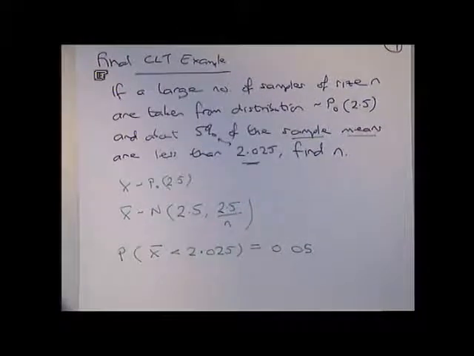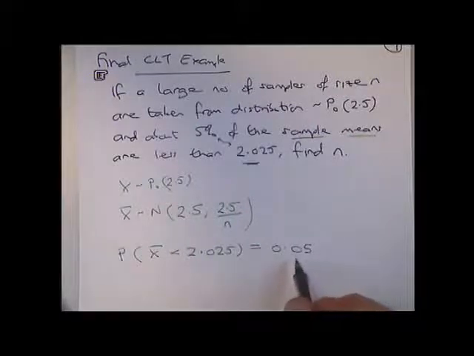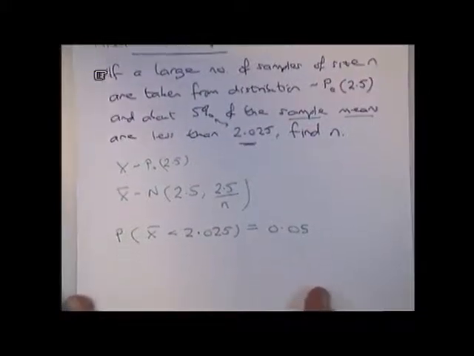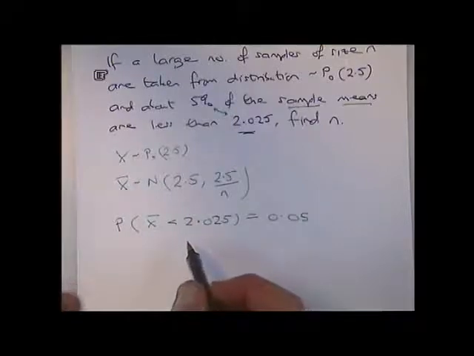You might be thinking, should I put 0.052? Stick with this number, and you might see where that comes from in a minute, but keep with that number for now.